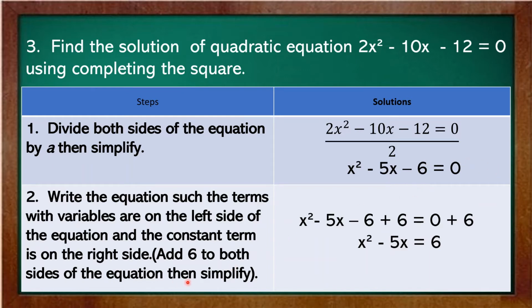So, just add 6 to both sides of the equation, then simplify. So, it will become x squared minus 5x minus 6 plus 6 equals 0 plus 6. So, eliminate negative 6 and positive 6. So, it becomes x squared minus 5x equals 6.